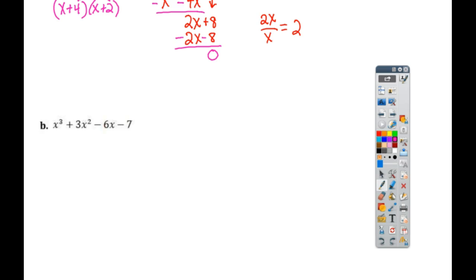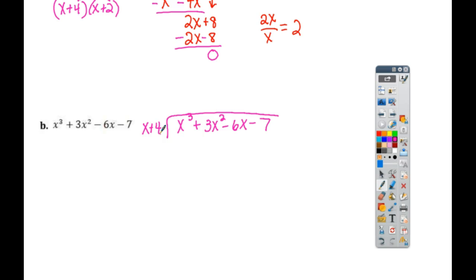So this time, this goes underneath the divisor, and we're going to divide by x plus 4. Okay, also before I forget, you see how this goes in order?